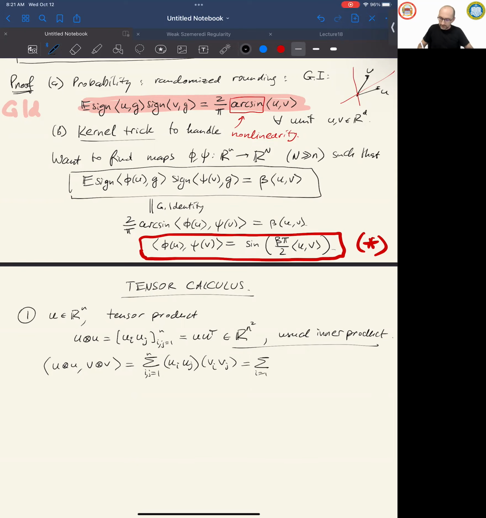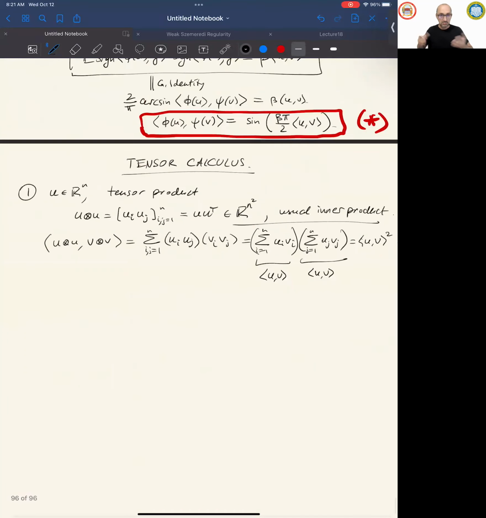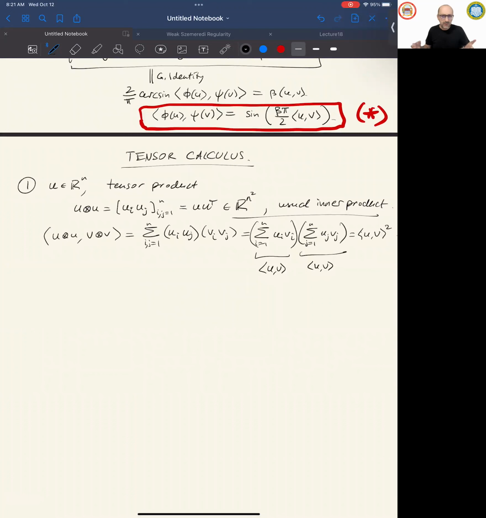The i goes into one place, U_i V_i, and the j goes to the other place, U_j V_j. And each of them is the inner product of U and V. So the result is UV squared. Yeah, you get it. Easy peasy.